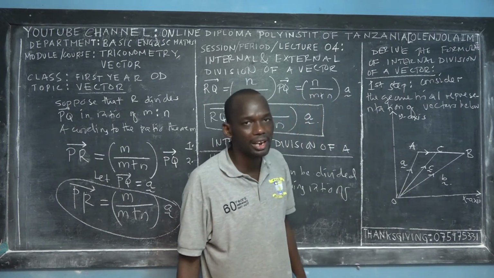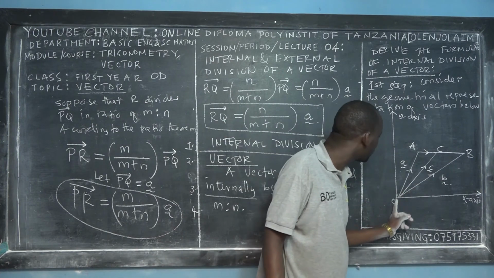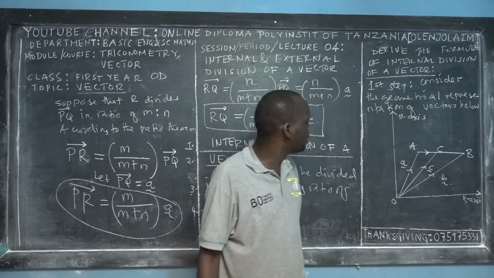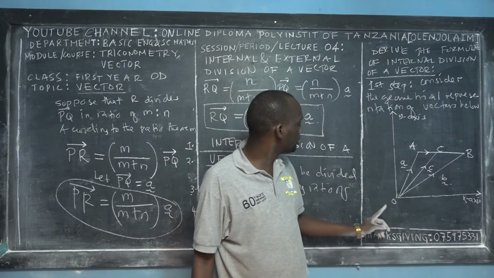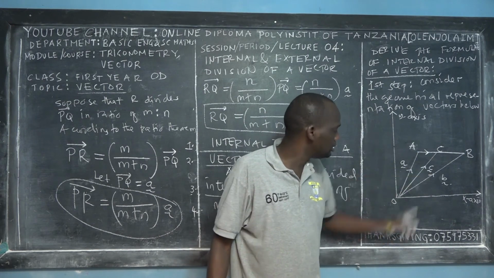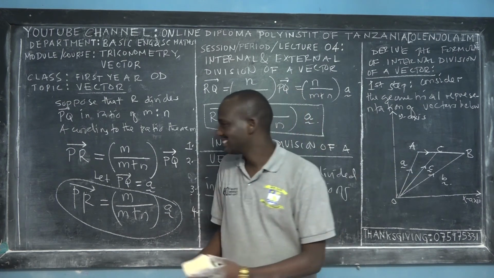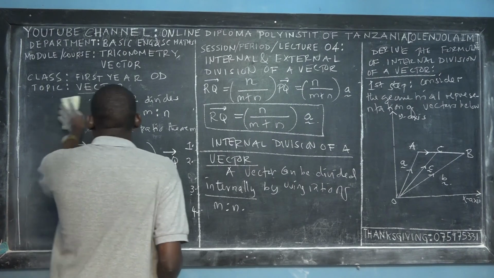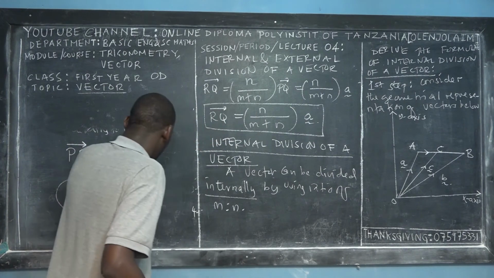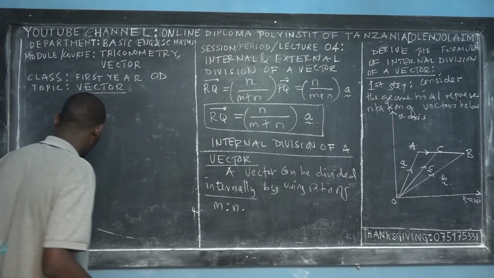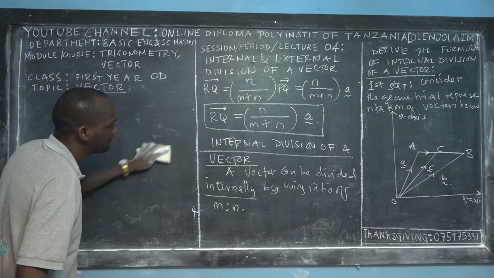How many triangles do we have? We have 3 triangles: triangle OAB, triangle OCB, and triangle OAC. That is the beauty of vectors. If we have a triangle, then we can use the triangle law.